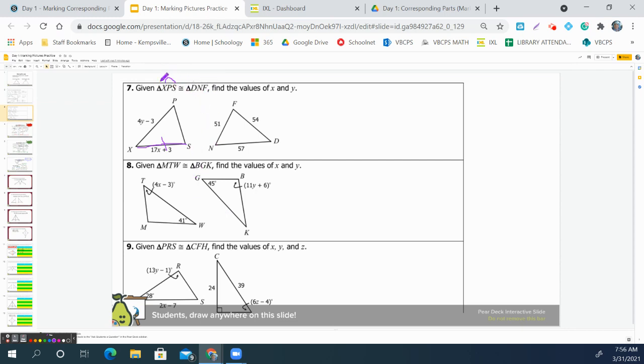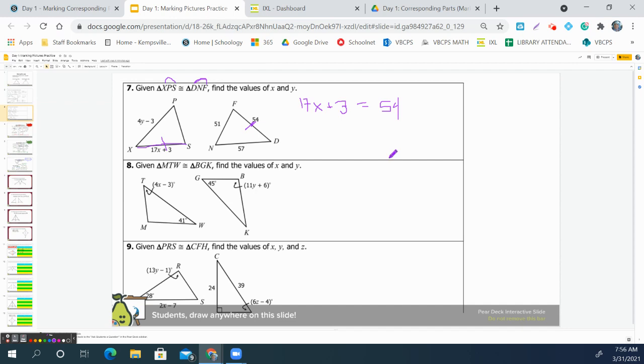So XS is the first letter and the last letter, so it goes with the first letter and the last letter over here, DF. DF is what you need to set that equal to. So you're going to do 17x plus 3 equals 54. Write that down on a sheet of paper, pull out your calculator, do whatever you need to do to figure out what X equals.